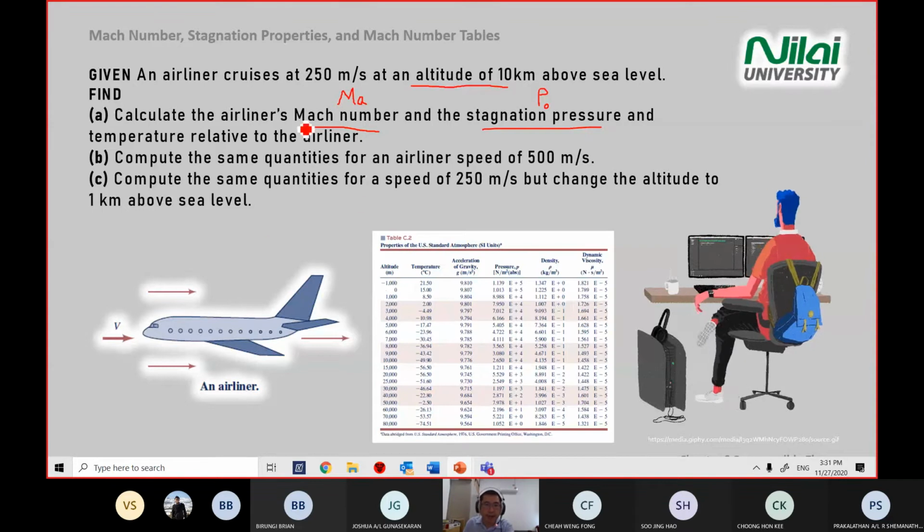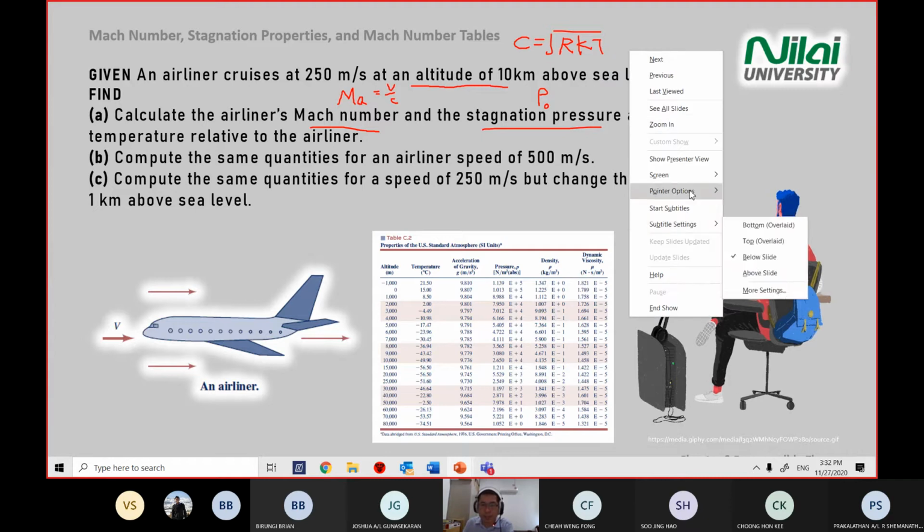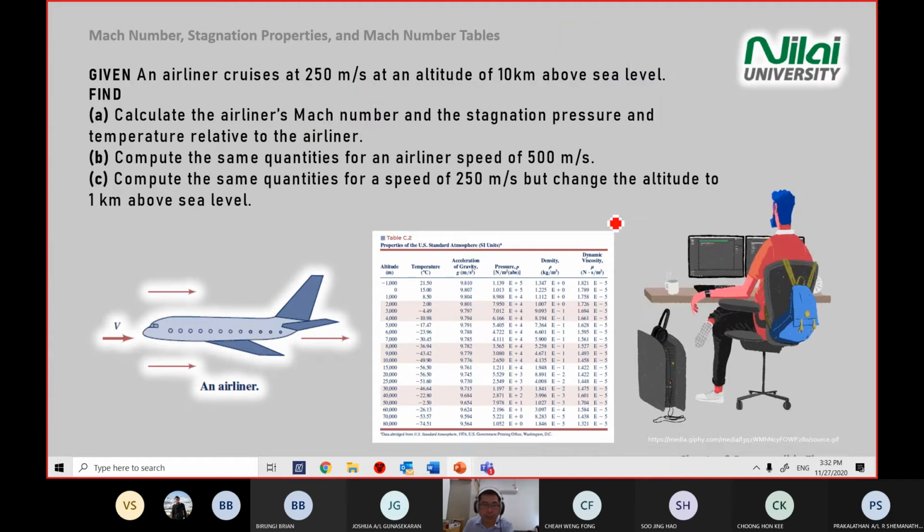Now, Mach number, we know the definition: V divided by the local speed of sound. Just now I asked one of you the definition of speed of sound, which is square root of RTk, right?